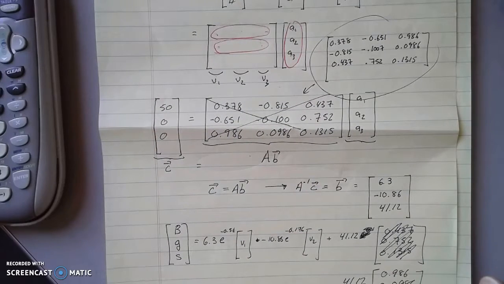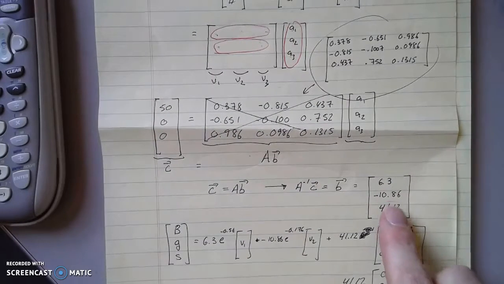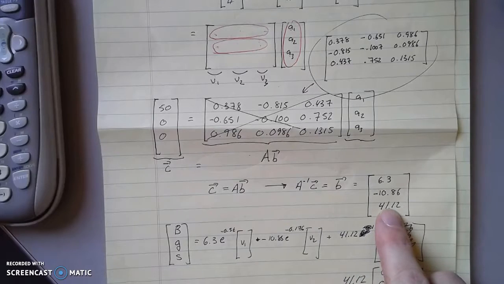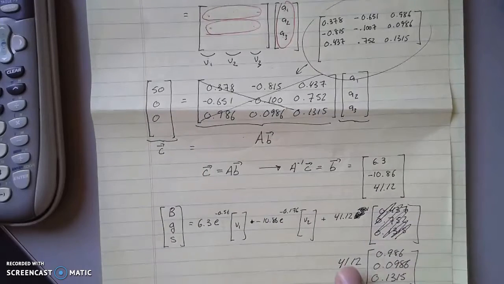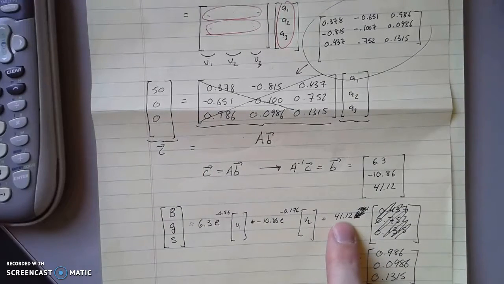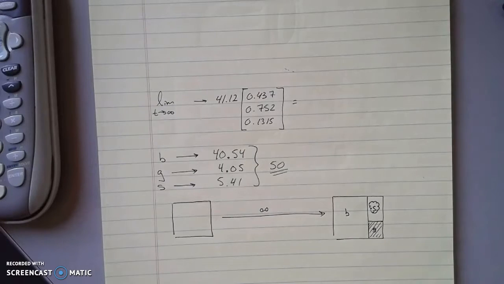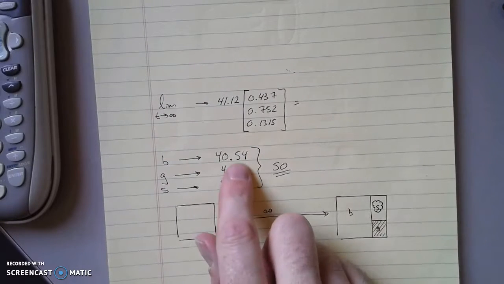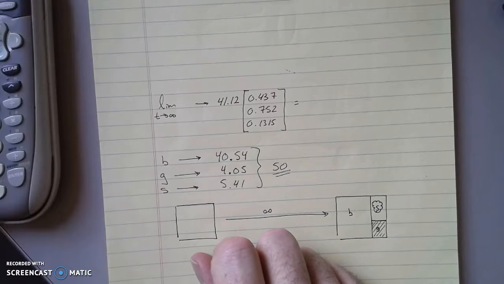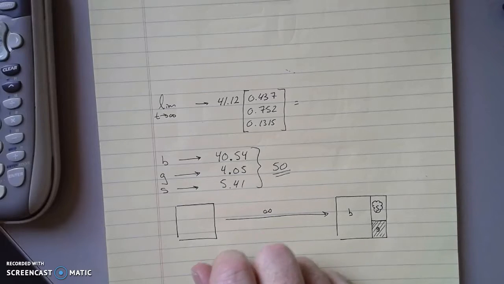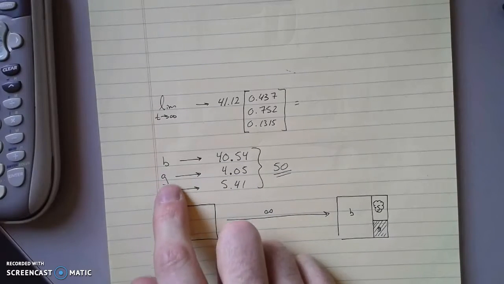Then we ended up with our values for our unknown coefficients. We took our unknown coefficient that we wanted, multiplied by the last eigenvector, and then ended up with the long-term amounts of land starting from 50. That would be bare, grassy, or shrub.